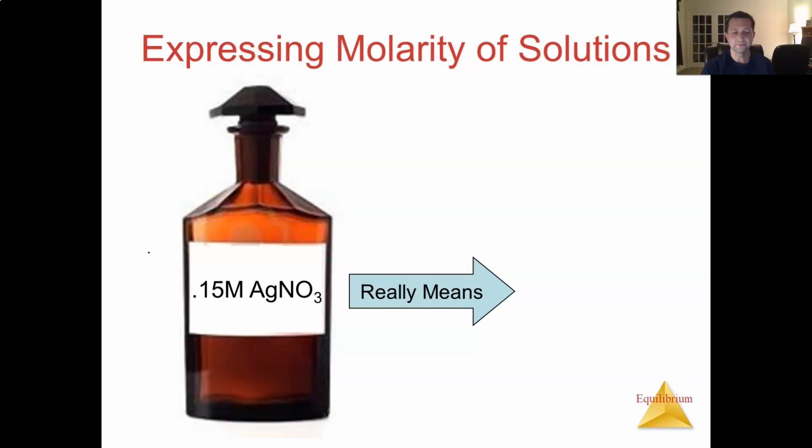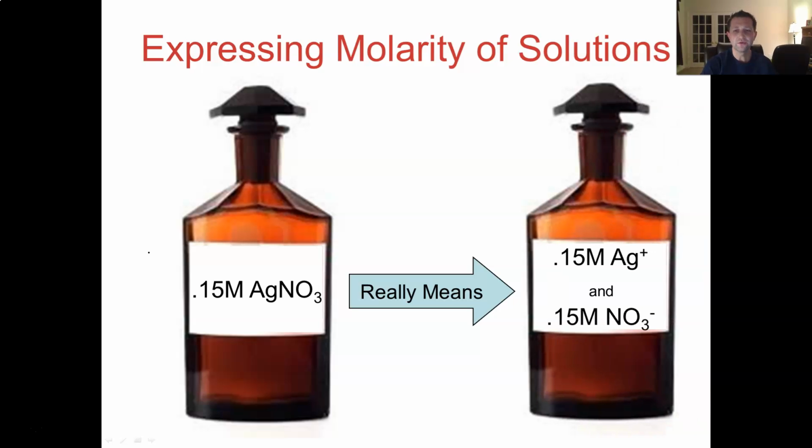Here's how you want to think of it. When you're in solution, like when these ions are actually in solution, the silver nitrate dissolves, what you truly have is 0.15 molar silver ion and 0.15 molar nitrate ion. When we learned about double replacement reactions in Chem 1, we talked about this, and we actually I think even did an example similar to this where we looked at how does silver nitrate or any ionic compound dissociate?